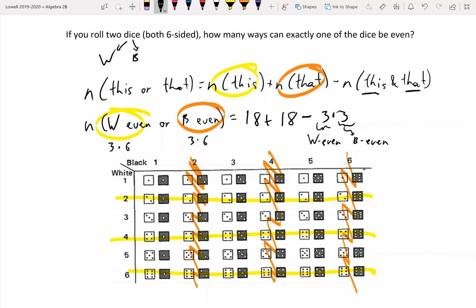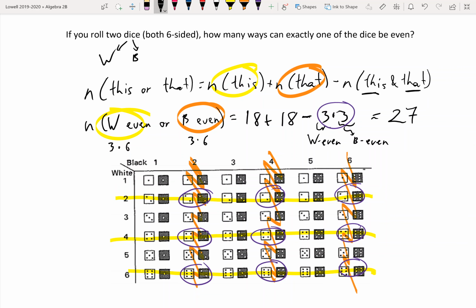And again, you can see those 9 outcomes here, I'll circle them in purple. There's one right there, there, there. Which makes sense because this is where they overlap. And if I run this calculation, I'll have 18 plus 18 minus 9, which will leave us with 27.